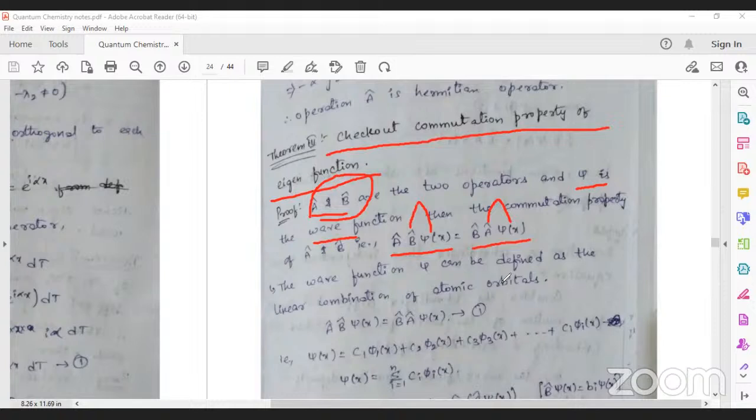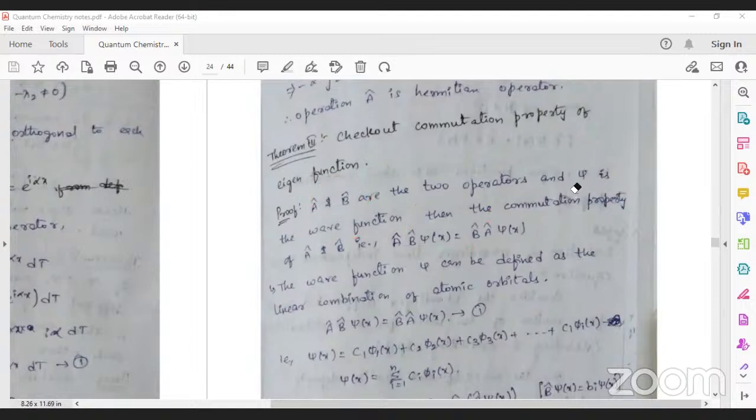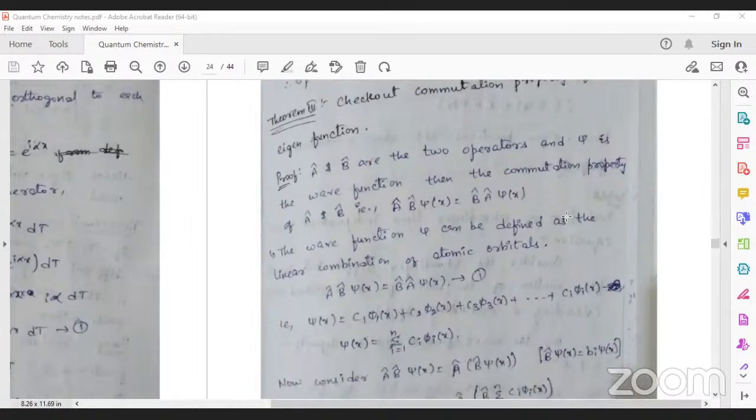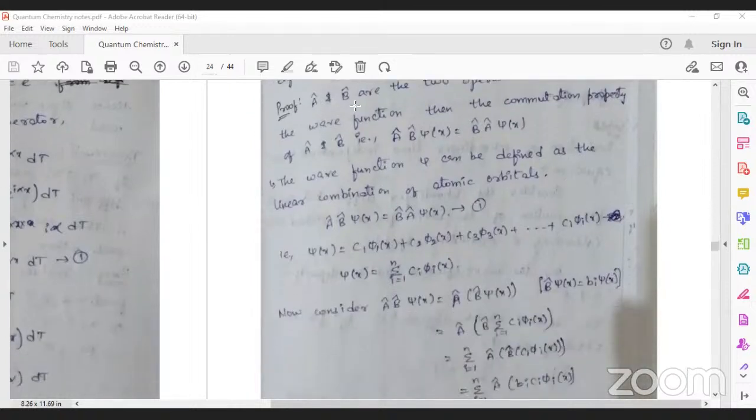By applying the eigenfunction concept, we are going to check whether the eigenfunction will be involved in the commutation property with respect to the two operators A and B, right? So definitely the eigenfunction becomes involved in the commutation property, and that we are going to prove. Okay, right.